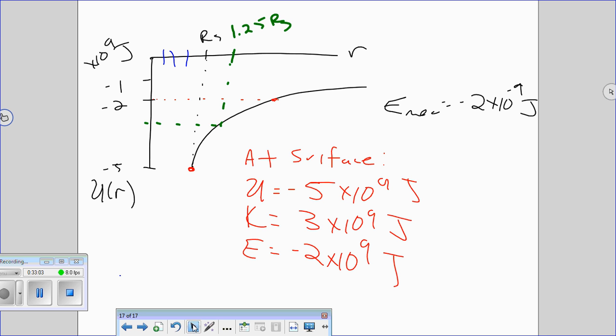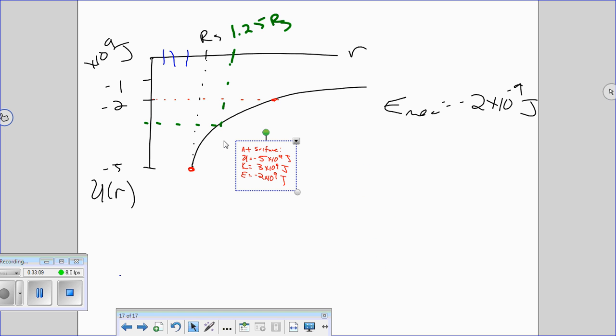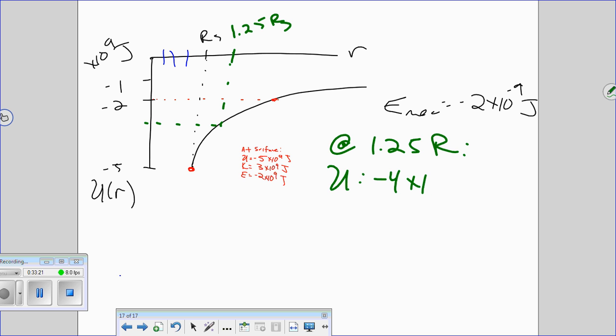So let's run through the calculation, so you can see where that's coming from. Here's how they got that. At 1.25 RS, by looking at the graph, you can see that the potential energy is -4 times 10 to the 9th joules.